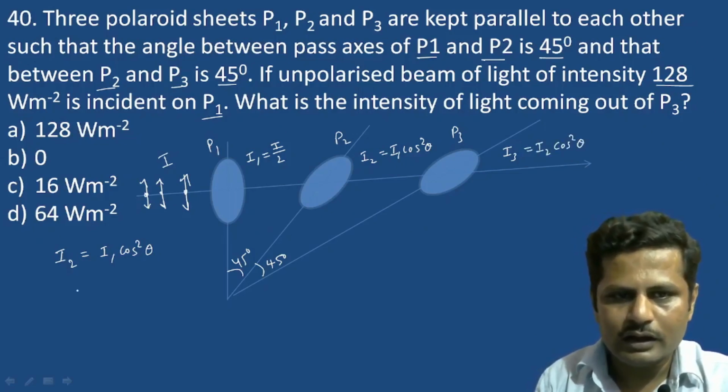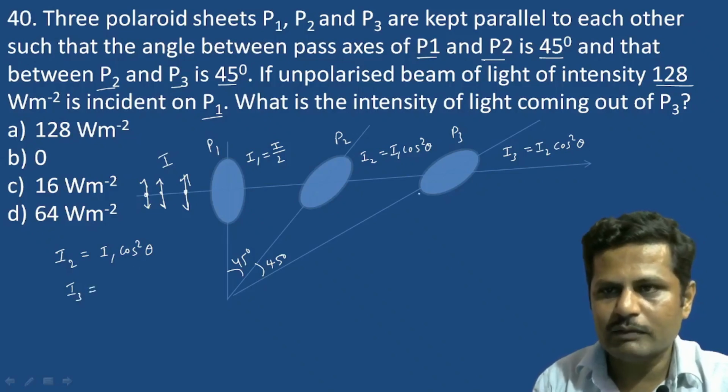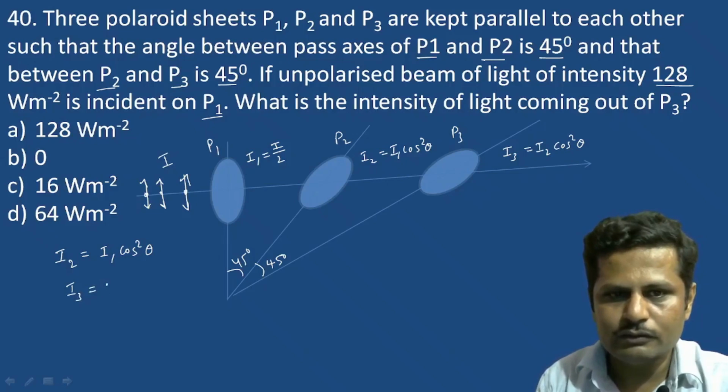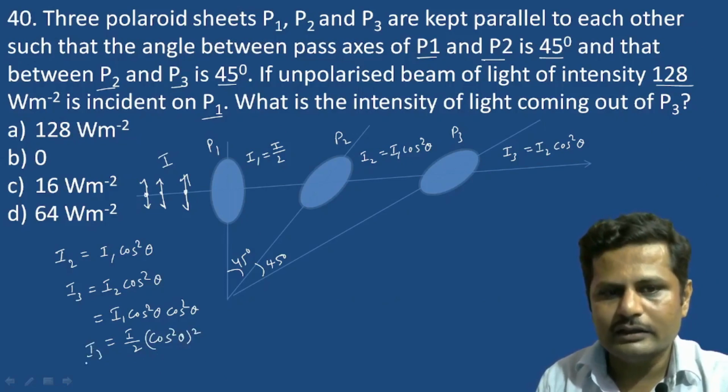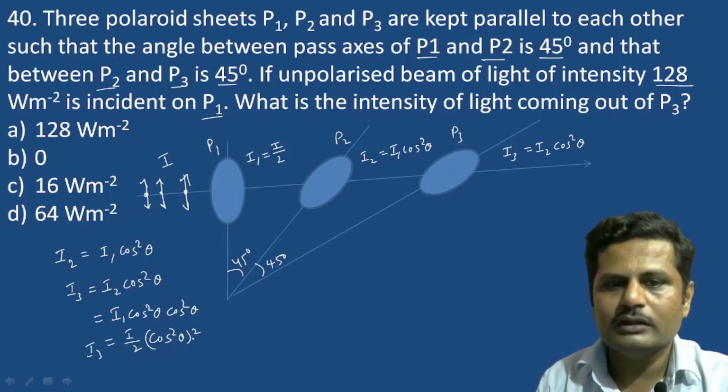I3 is what we want to find out, the intensity of the light coming out of P3. Here I2 is I1 cos square theta, so we can write I3 equals I1 cos square theta times cos square theta. We know that I1 is I by 2, so I3 equals I by 2 times cos square theta whole square.